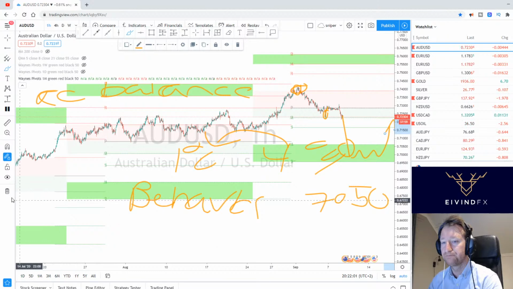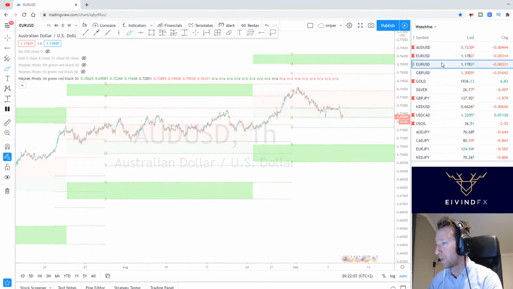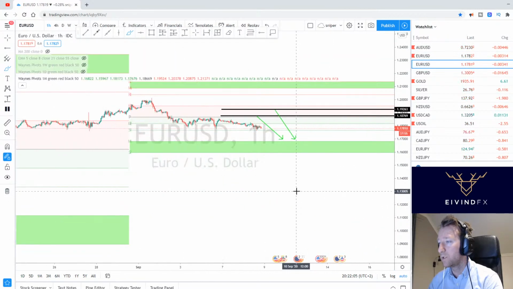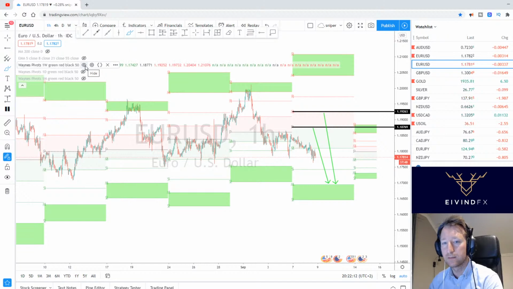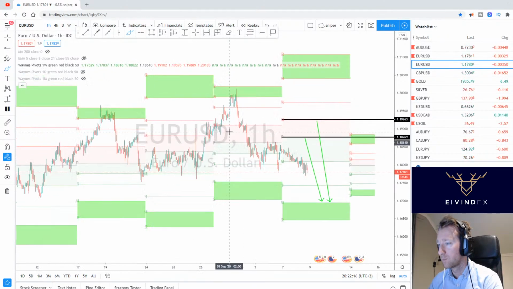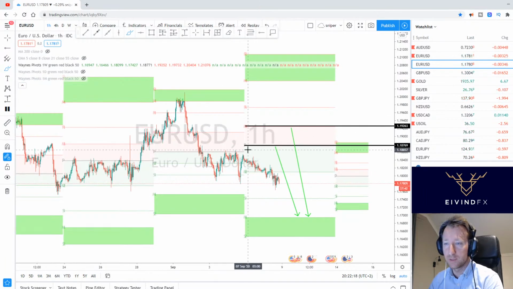Then we can look into euro dollar. So euro dollar did the same thing. Like if you are a seller, sweet, no sweat. You didn't get any entries for this week. That is a clue, right?